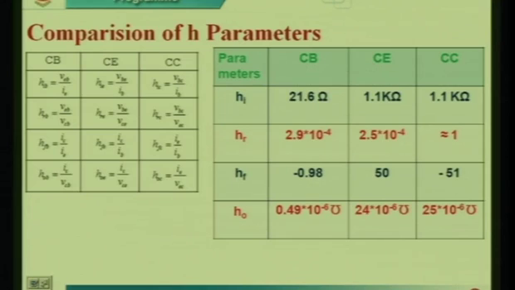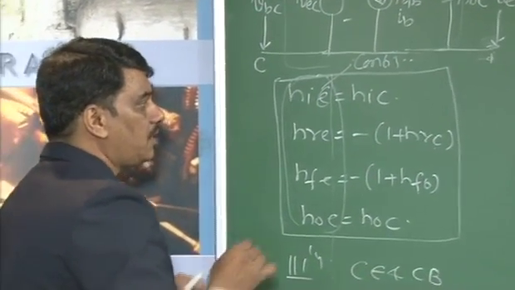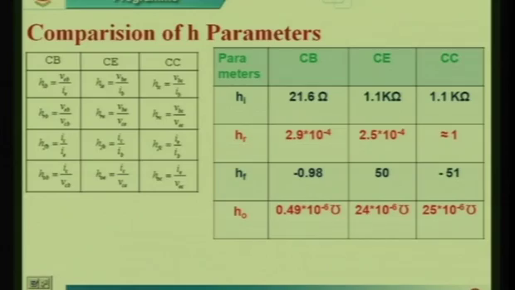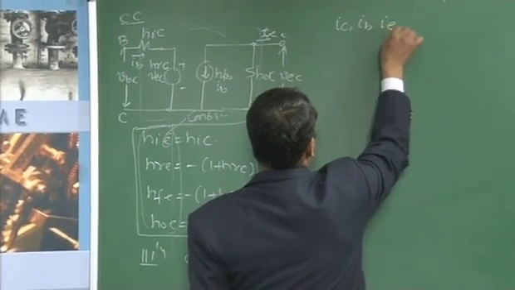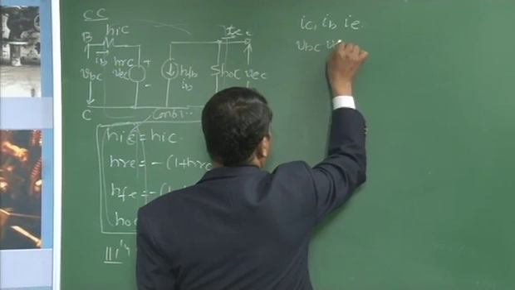Next question, why these parameters are constant. We know that the input current, input resistance and impedances depend on IC, IB, IE, and similarly on VBC, VCE, VBE.